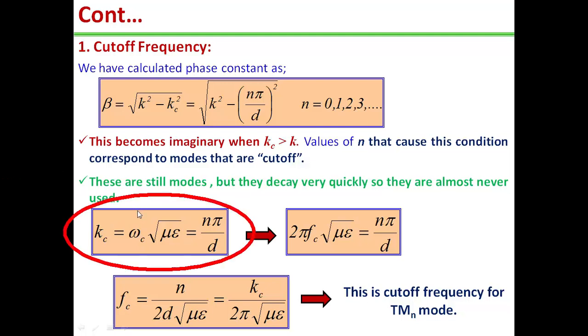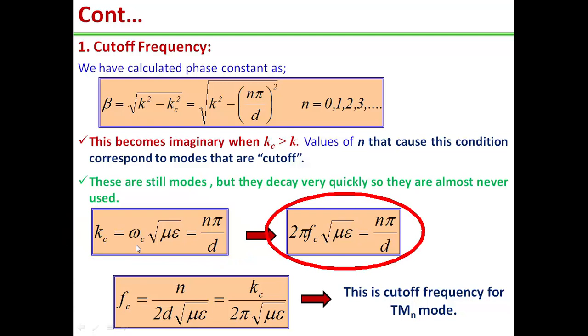So to satisfy this, we have kc equal to omega c square root of mu epsilon, and this is equal to n pi by d by applying the boundary condition. After putting the value of omega c in terms of frequency, we can write 2 pi fc square root of mu epsilon equal to n pi by d.